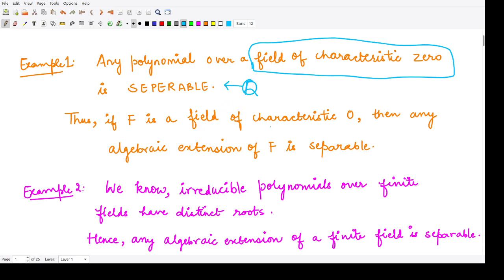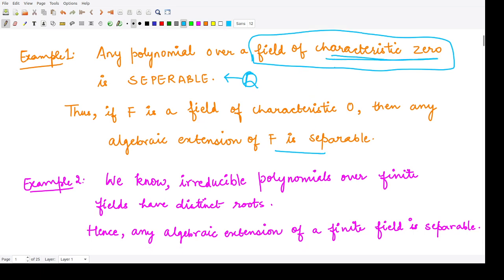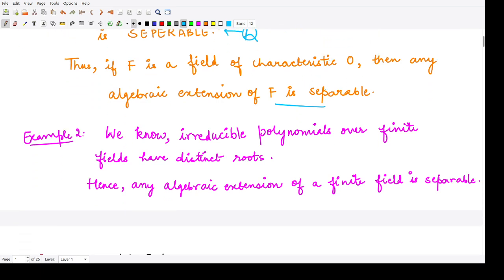The next example is that if F is a field of characteristic 0, then any algebraic extension of F is separable. This is the same thing. That means any field having characteristic 0 is separable. For the next example, irreducible polynomials over a finite field have distinct roots.